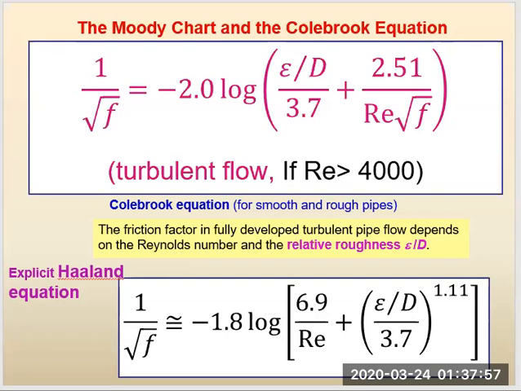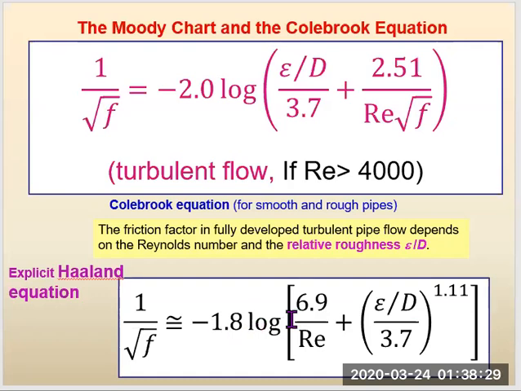So here, look at the different variables that you have. At the left-hand side, you have 1 over the square root of Darcy friction factor, f, which must be calculated. At the right-hand side, you have log. The base for this log is 10. This is not the natural log. Make sure when you are using your calculator that you are using log with base 10.